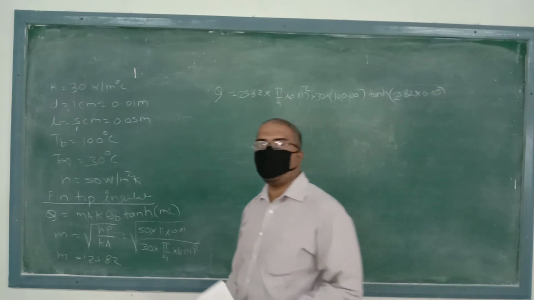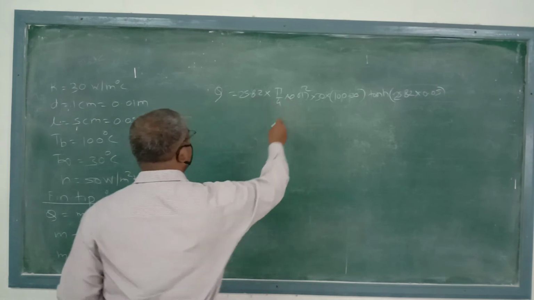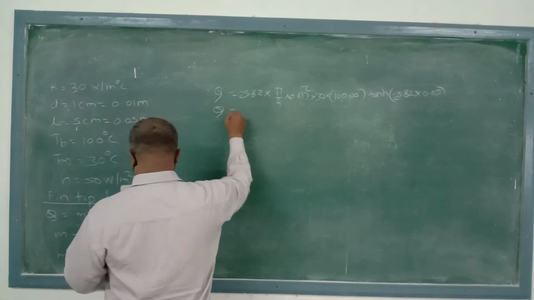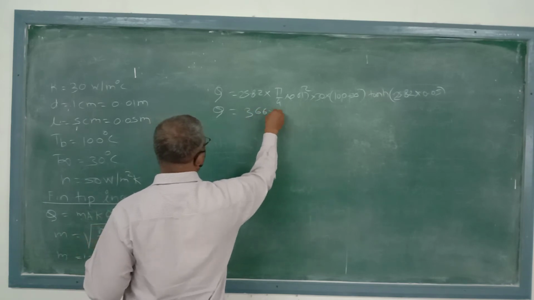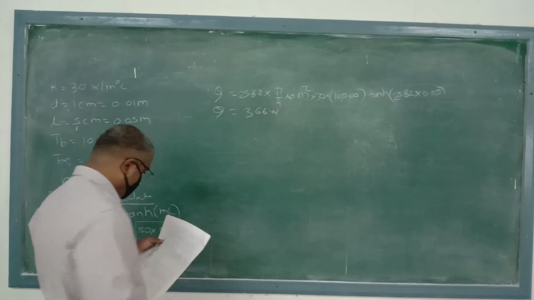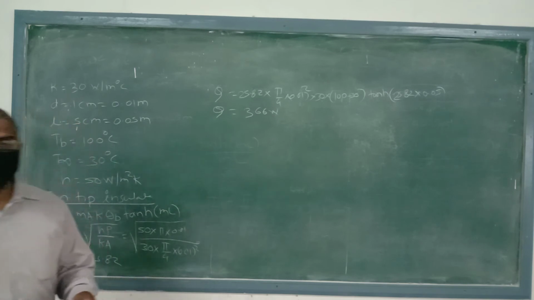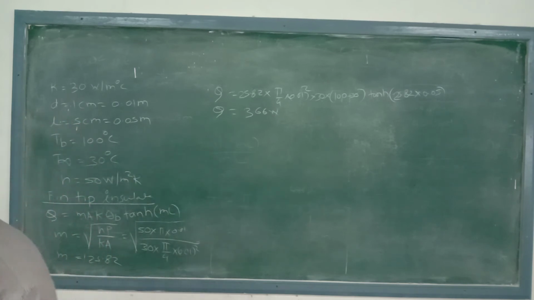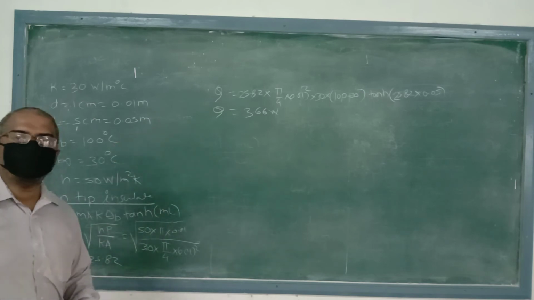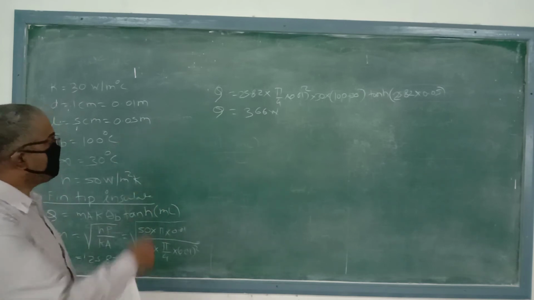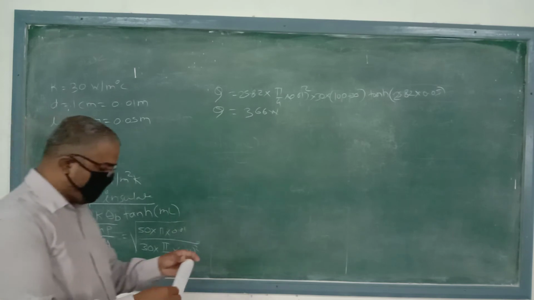So we have substituted all the values. When we solve this equation, you can see we got Q is equal to 3.66 watt. Okay. Now they are saying to first calculate the amount of heat transfer. So we have calculated 3.66 watt.